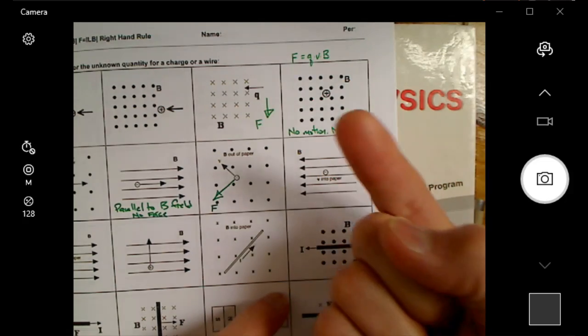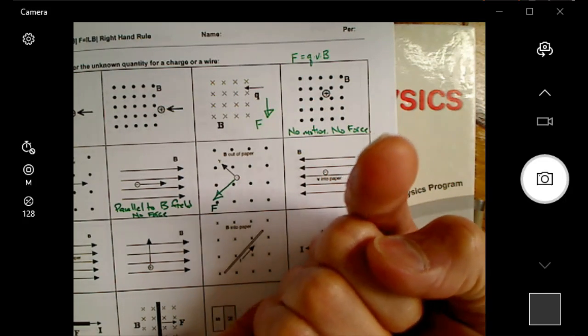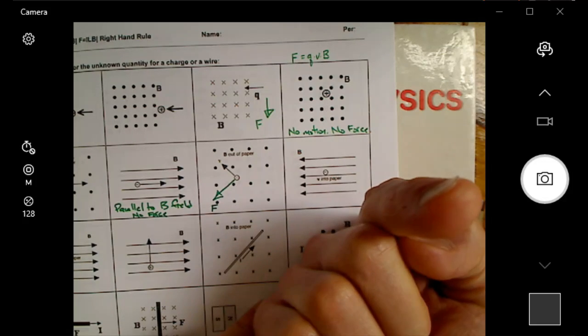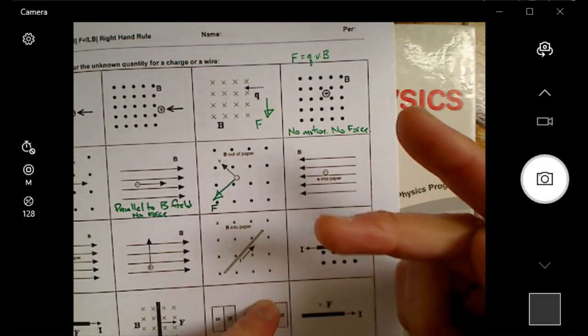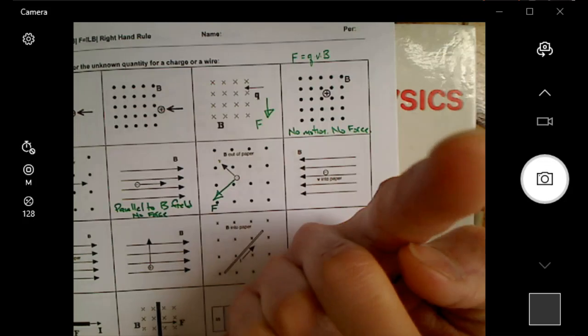So I'm going to take my index finger and point out of the page, coming out of the paper this way. And then I'm going to turn my hand so that my middle finger points from right to left.